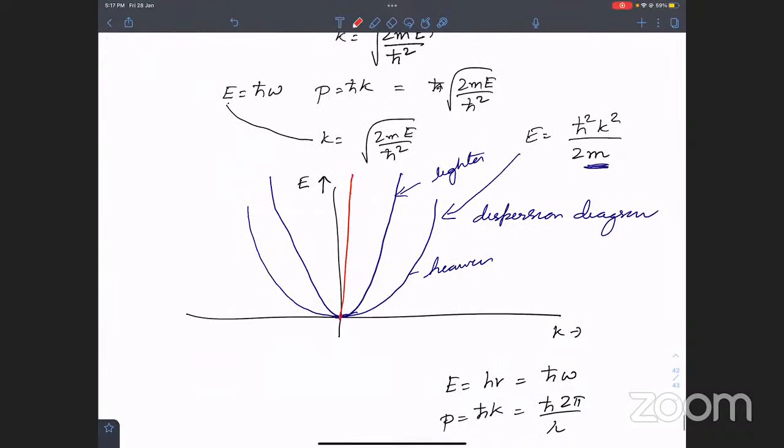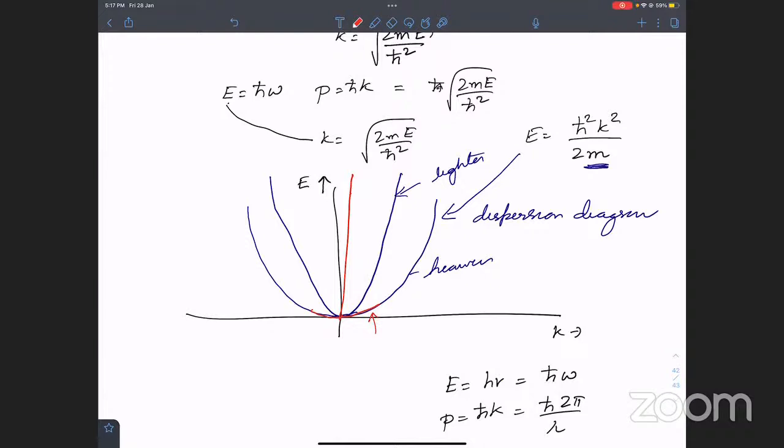Because there also, whatever you plot for a crystal, if it looks like a parabola, you know that wherever it looks like a parabola, it must have some kind of a mass, right? So the slope of the parabola, the dispersion diagram, this is why the slope gives you the effective mass.